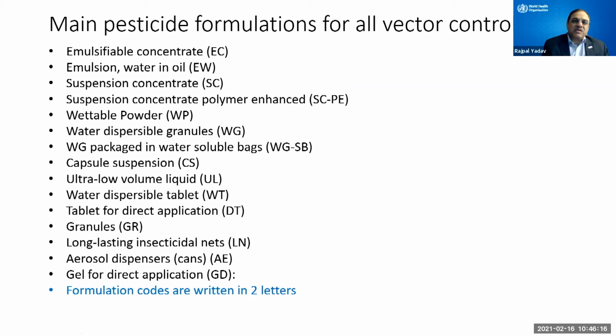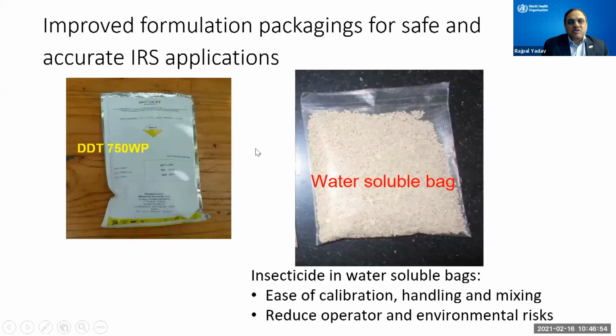This is an international convention agreed between FAO, WHO, and CropLife International, which represents the innovative pesticide industry, that all pesticide formulations will be shown with a two-letter formulation code. Here you have also written PE, which is actually polymer enhanced SC formulation. In this case WGSB means a water soluble bag in which water dispersible granules have been packaged. So basically the formulation is WG and SB is the packaging. So that was this slide.